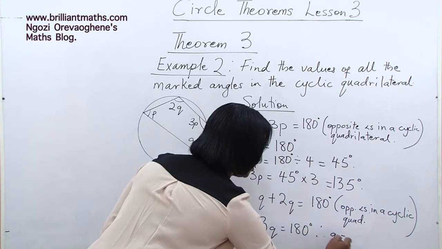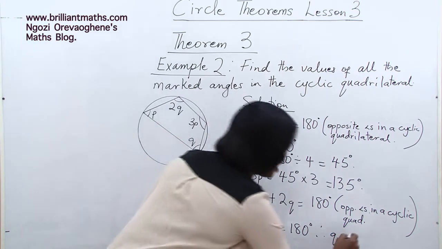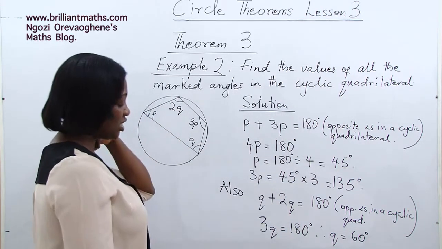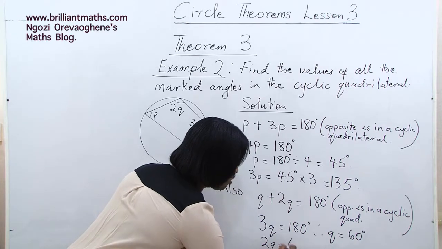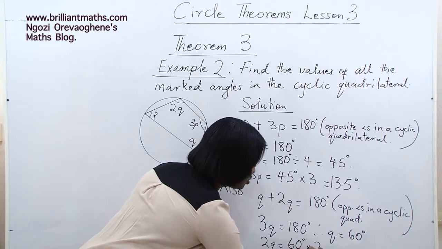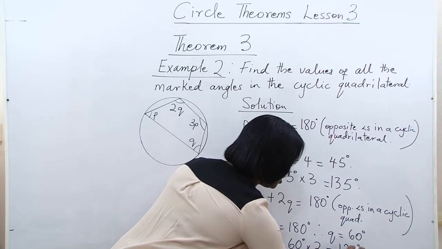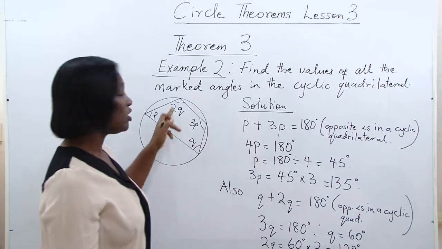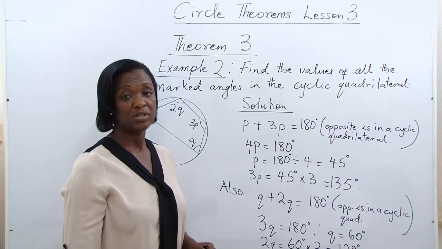Therefore, Q is equal to 180 divided by 3. That gives us 60 degrees. And if Q is 60 degrees, then 2Q is equal to 60 degrees times 2, which is equal to 120 degrees. So obviously, Q plus 2Q will give us 180 degrees.